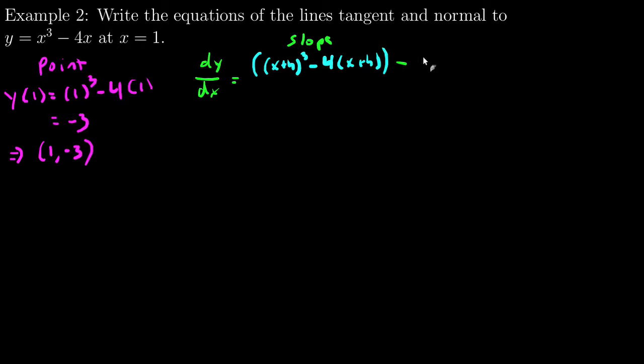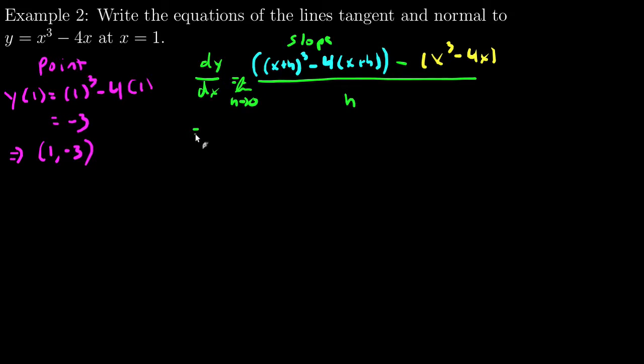So I have x cubed minus 4x all over h, not forgetting the limit. So this will give me the derivative function, and then I can use that to find the slope.